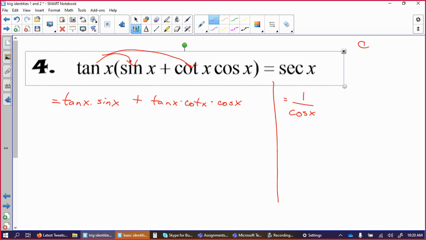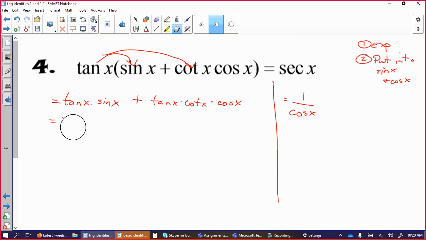So my first step here is expand and then put everything in sine x and cos x, because that's probably going to make things look a little bit better.